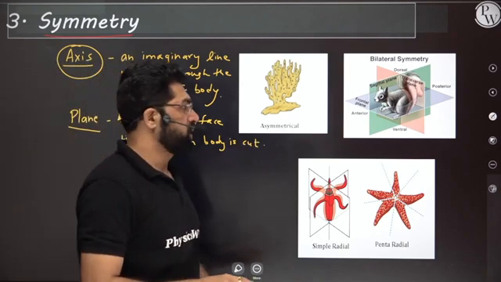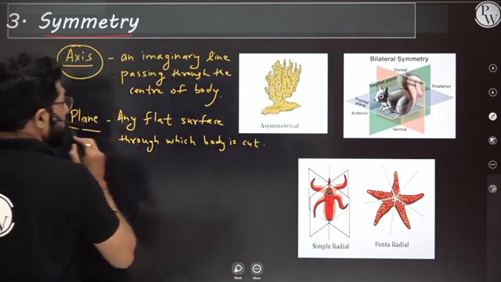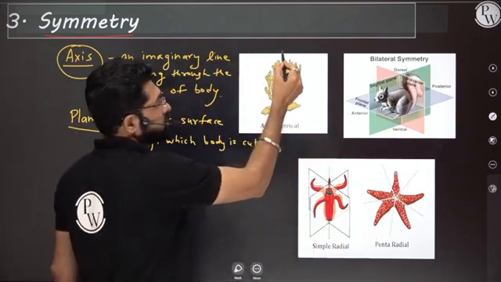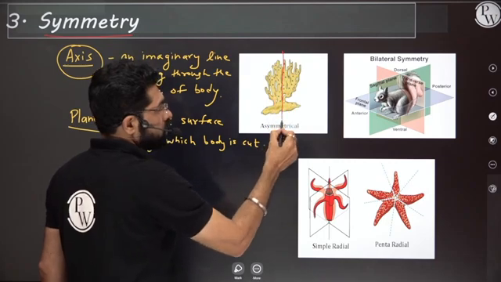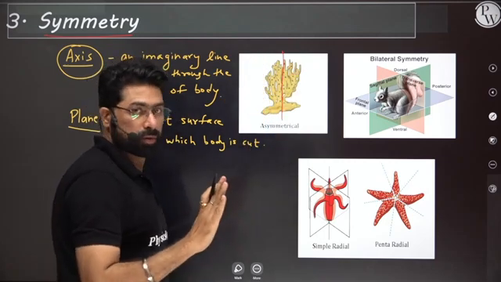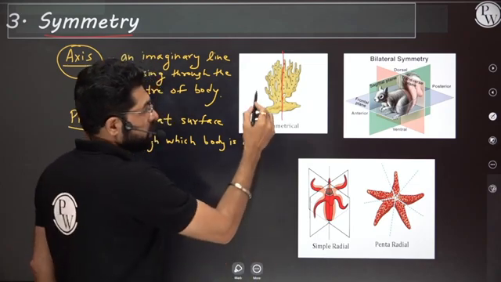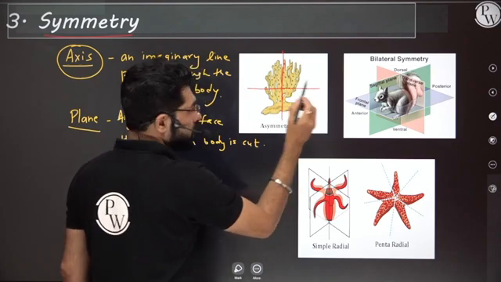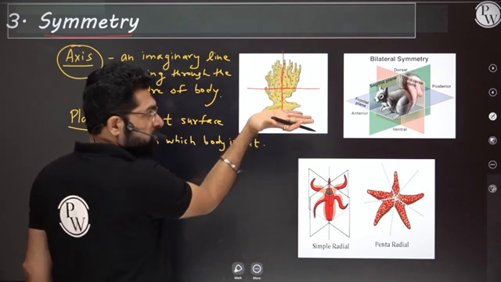See, let's see. Suppose I cut this sponge. Now I'm cutting this sponge like this. Do you find equal left or right? No way. Okay, let's cut it from this plane, the transverse plane. Do we find equal left or right?